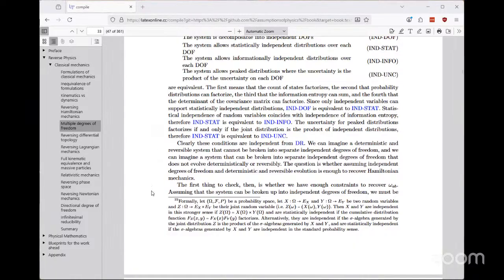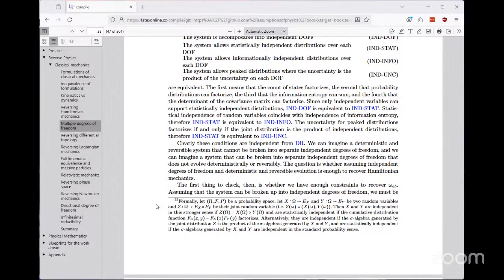Formally, let (omega, F, P) be a probability space. Let X and Y be two random variables from omega to E_X and E_Y, and let Z from omega to E_X times E_Y be the joint random variable, that is Z of omega is equal to (X of omega, Y of omega).